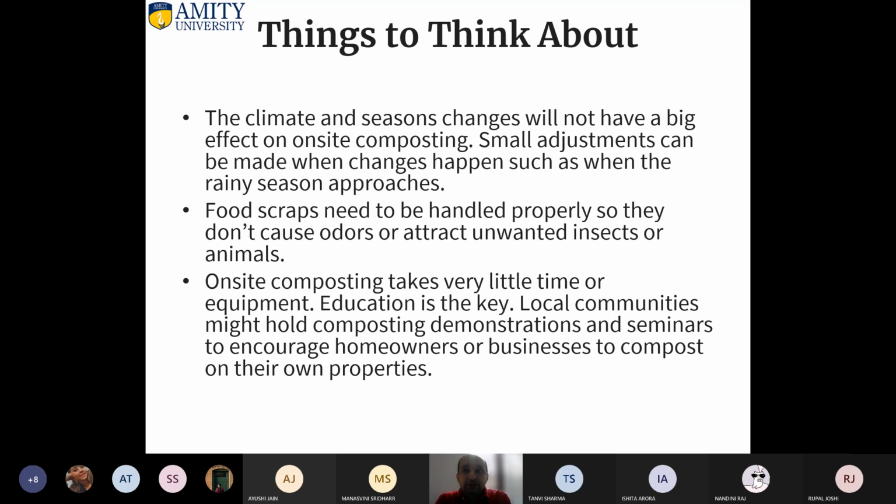vermicompost acts upon the solid waste as well. That is not a very good option in normal composting procedures, because ultimately it's the microorganisms that are working in a normal compost process. The things need to be controlled. The carbon nitrogen ratio needs to be taken in a very appropriate amount. Other factors like aeration, temperature, and many other things need to be taken care of.